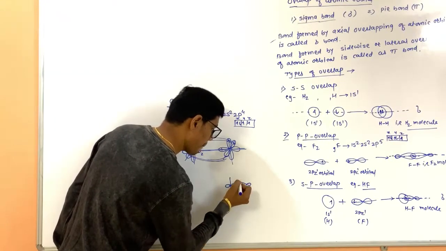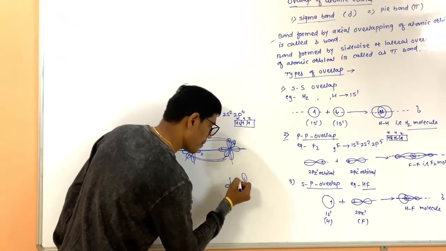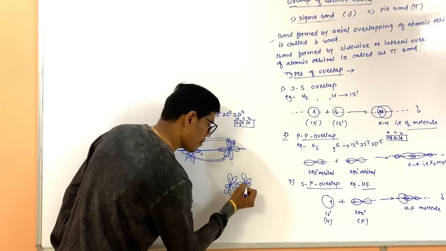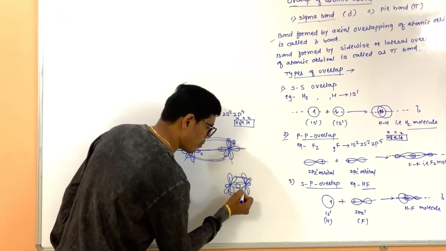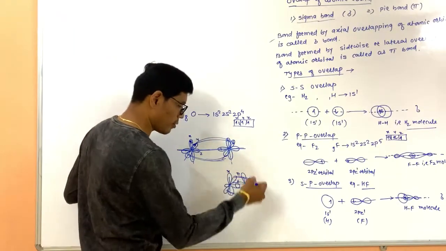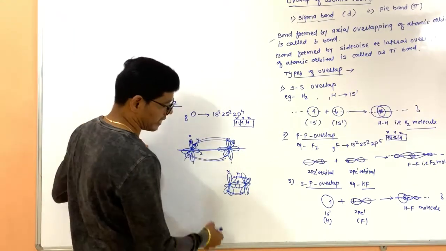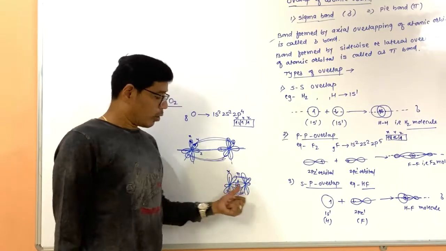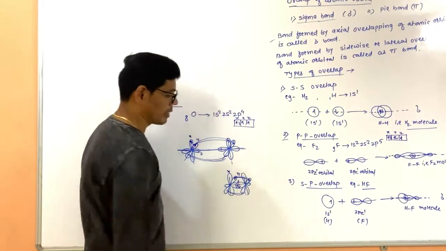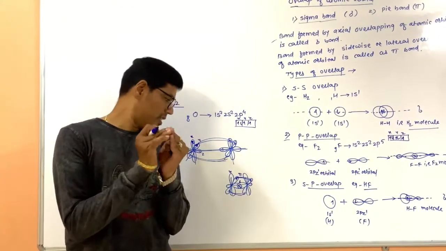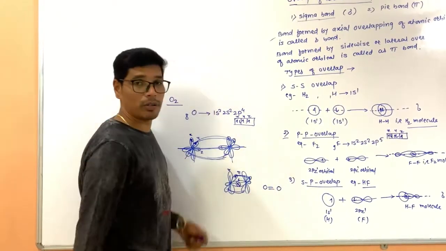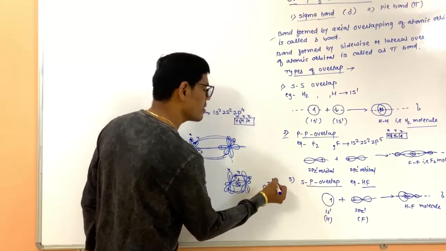Like this. This one is pi, this one is sigma bond. X is completely filled, we did not consider it. Y and Z: Y's first is along the axis and Z's is lateral overlapping. This one is upward, this one is downward. They overlap sidewise, and therefore pi bond. That means oxygen, a double bond is formed. Out of that one is sigma bond, other is the pi bond.